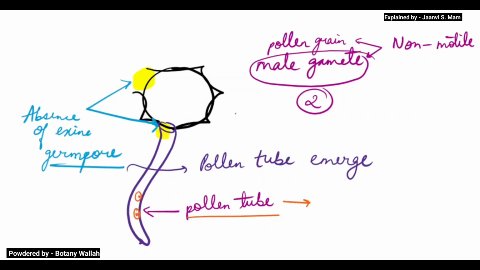Now when will this pollen tube form? When the pollen will land on stigma. Whenever the pollen lands on stigma, there will be a formation of pollen tube.